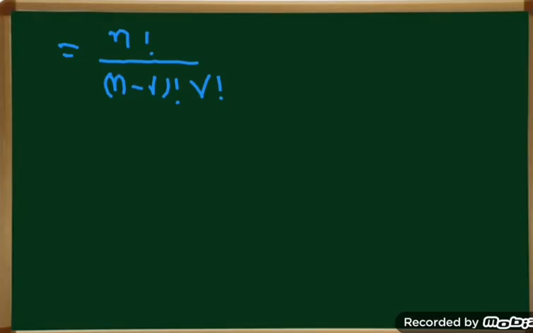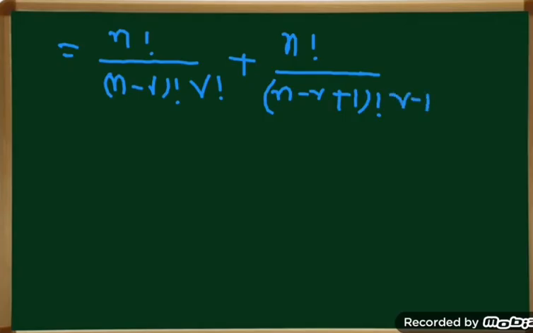And the second term is equal to n factorial divided by n minus r plus 1 whole factorial into r minus 1 whole factorial.